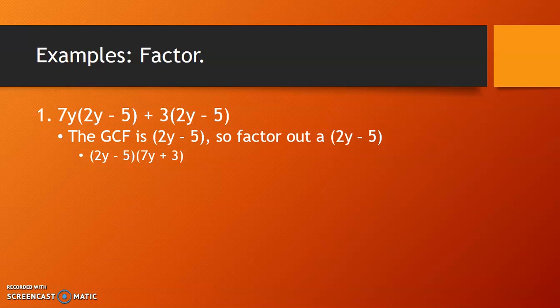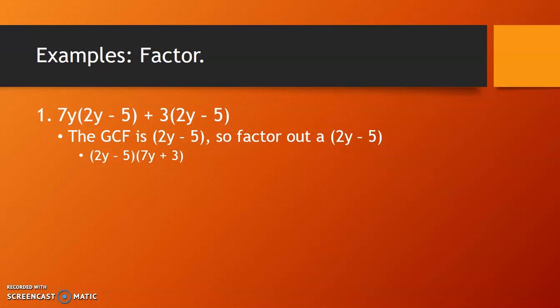For this next one, we have 7y times 2y minus 5, and then plus 3 times 2y minus 5. The greatest common factor for this one would be that 2y minus 5, that whole quantity, because it's in both of them. So I'm going to factor out that 2y minus 5, and this is leading us into factoring something out using some of our rules, and we'll get into that in later sections.